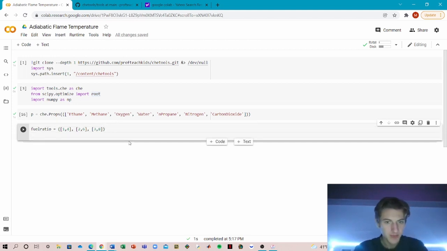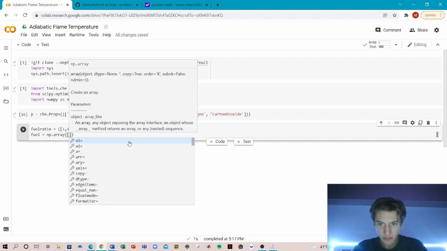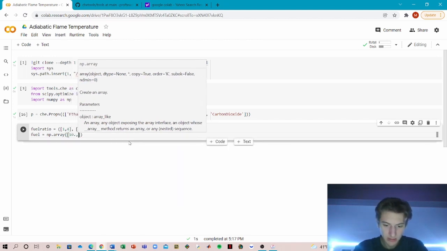Alrighty. Then we also do the fuel equals NP. Need to make it an array. 10, 1.5, and 1.